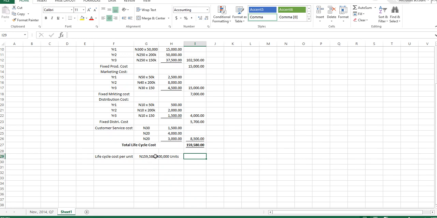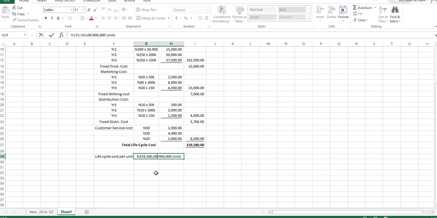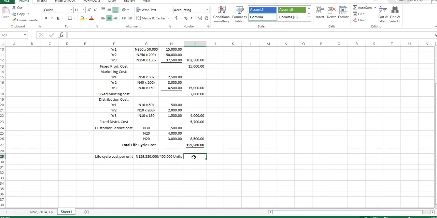Sorry, I did not put this in million. 159,580,000. Whatever you've gotten, multiply it by 1,000. What do you have? 398 naira 95 kobo. 398.95. Yes. So this is the cost per unit of your life cycle product.